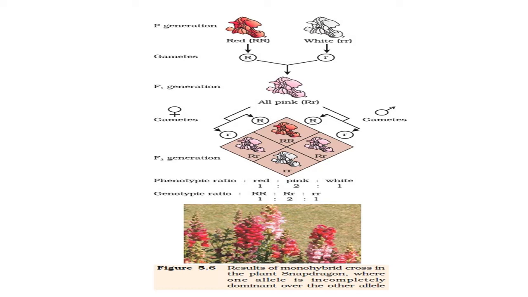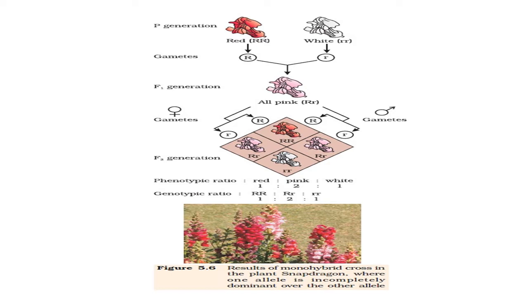How does it take place? If you take the first P1 parents, one parent has a red color flower and another has a white color flower. The red color flower genotype is capital R, white is small r.